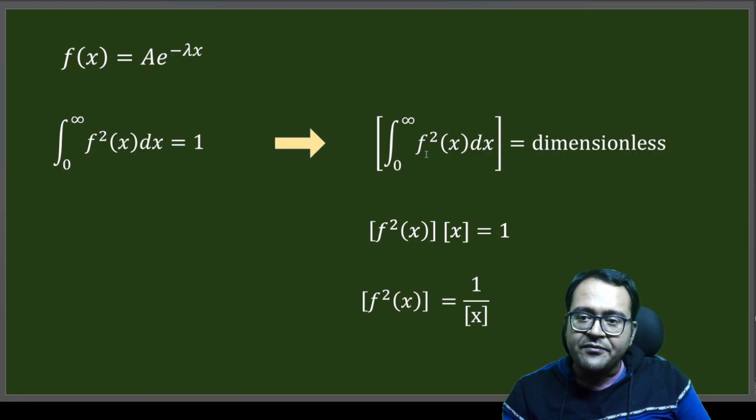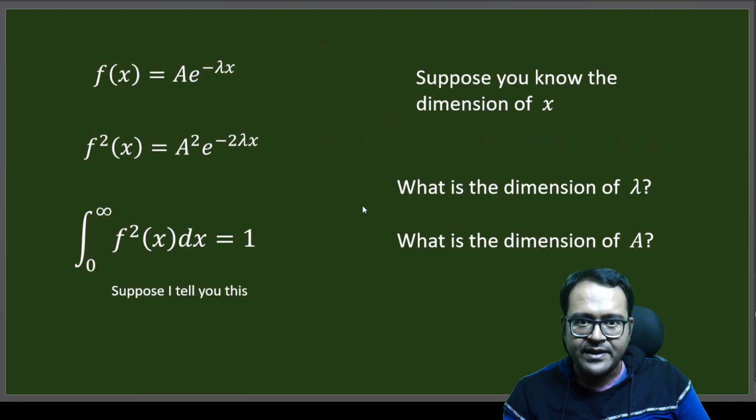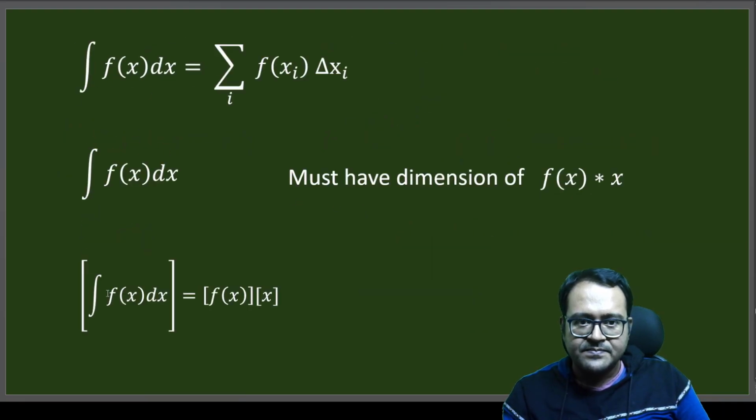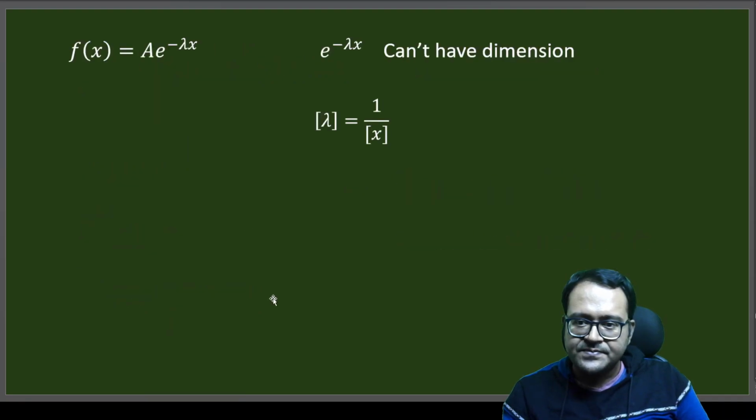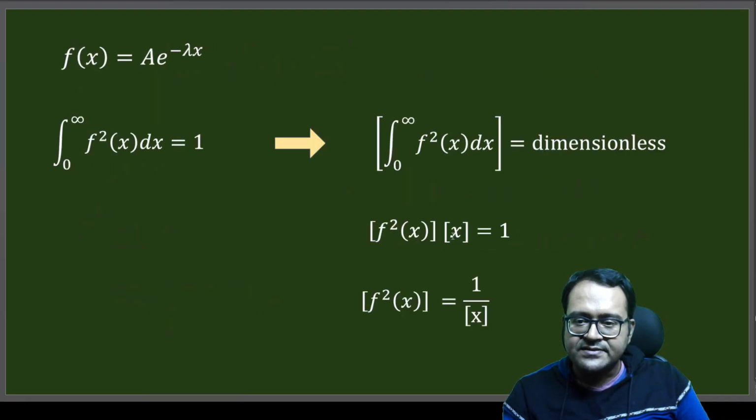And what is the dimension of the integral of f square dx? It has the dimension of f square and the dimension of x, that x coming from dx. I already told you, the dimension of the integral of f dx is the dimension of f and the dimension of x. So the dimension of the integral of f square dx is the dimension of f square and the dimension of x.